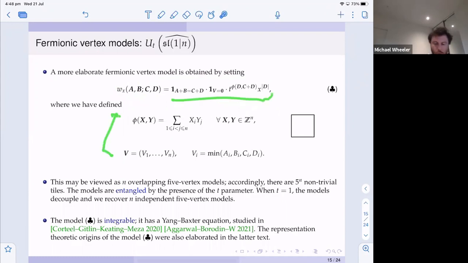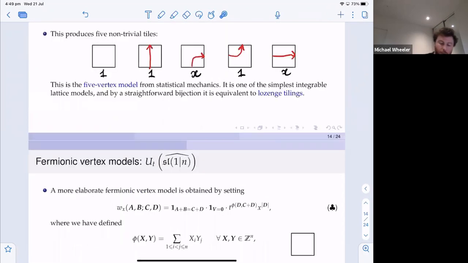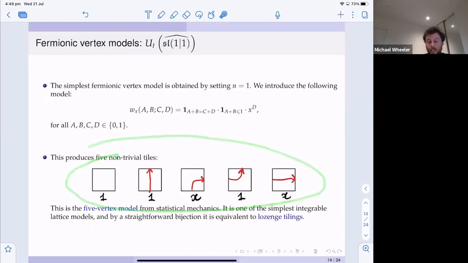Okay, so I won't go into the specifics of the formula, but what happens now is you actually have n overlapping 5-vertex models. So it's as if you take the 5-vertex model from the previous slide, and then I take another copy of the 5-vertex model, which I can do using, say, blue paths, and then another copy, which I can do using green paths, and I just superimpose these things.